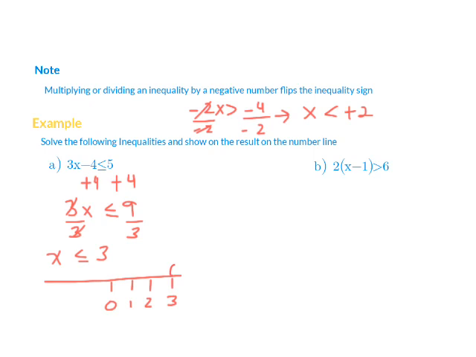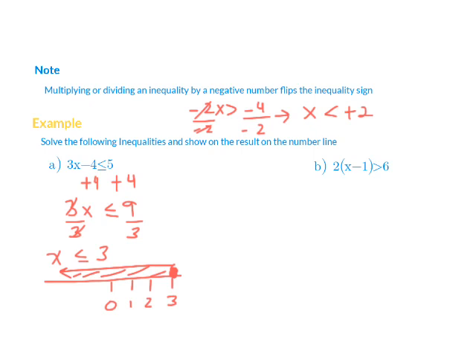So, this is my closed circle at x equals 3, and since x is less than or equal to 3, I will go backwards like this. So this is my solution.